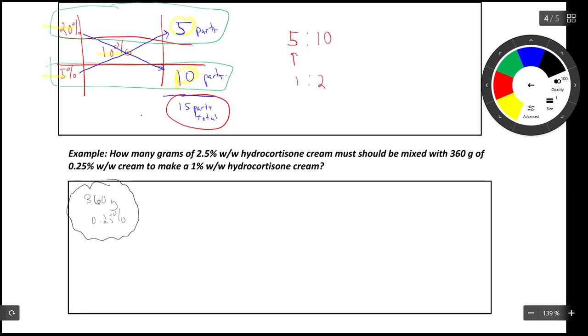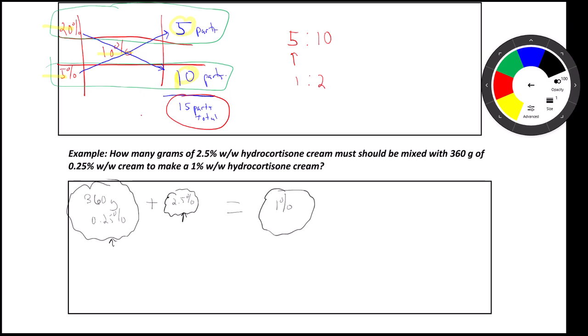We want to make, or mix rather, a certain amount of grams of a 2.5% hydrocortisone cream so that we get a 1% hydrocortisone cream. So we have a concentrated 2.5% here. We have a less concentrated 0.25% hydrocortisone cream. We want to mix those together so that we get a 1% cream.